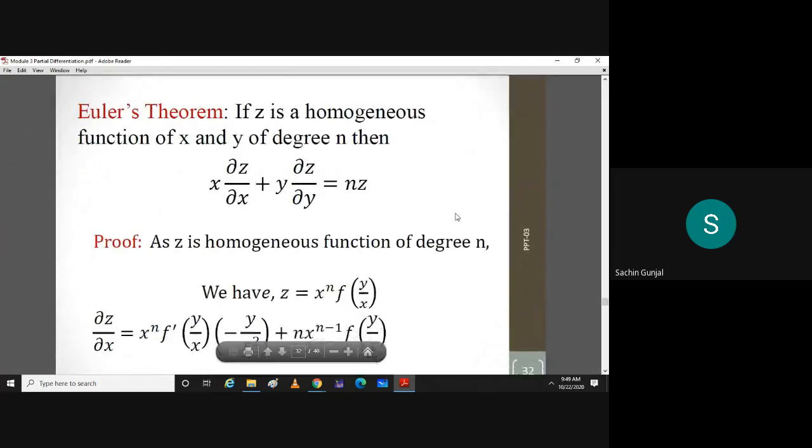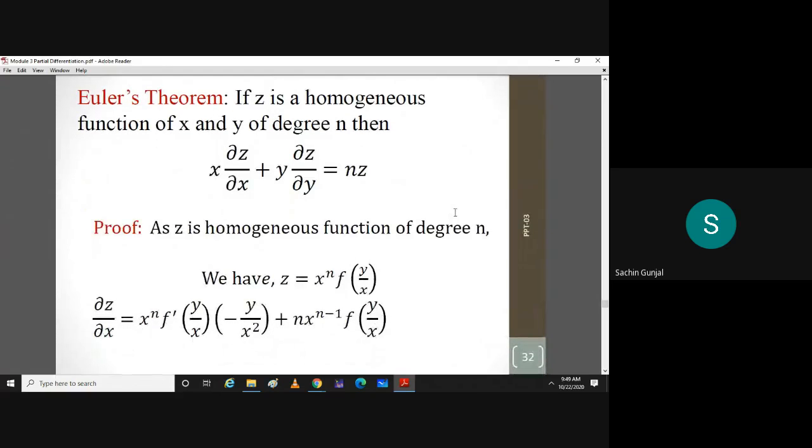So here is the main theorem of this particular unit, partial differentiation, and there are deductions out of it. If z is a homogeneous function of x and y, and the degree of that homogeneous function is n, then the value of the expression x ∂z/∂x plus y ∂z/∂y is equal to nz.